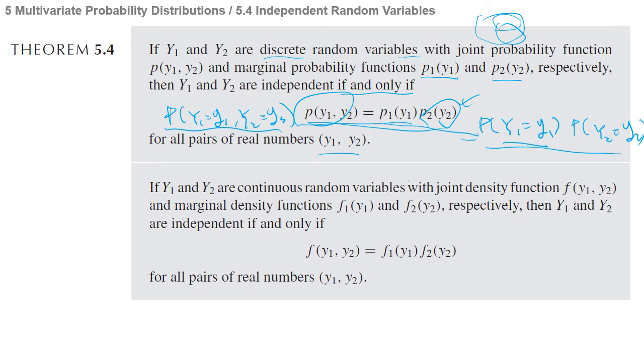And for the continuous random variable case, if Y1 and Y2 are continuous random variables with joint density function f(y1, y2) and marginal density functions f1(y1) and f2(y2) respectively, then also Y1 and Y2 are independent if and only if this holds for all pairs of real numbers y1, y2. Okay.